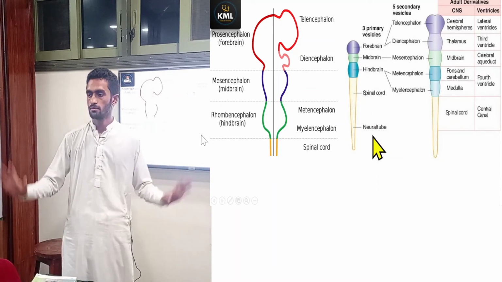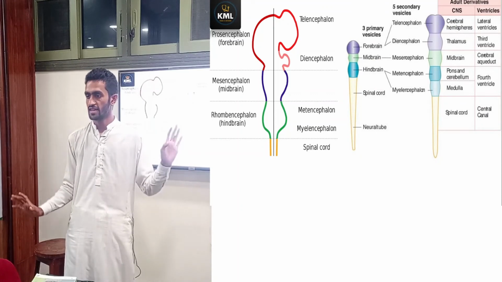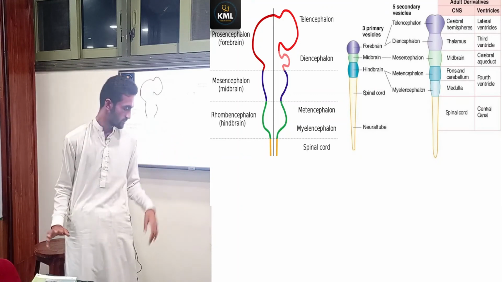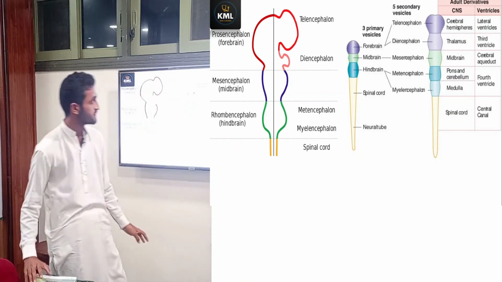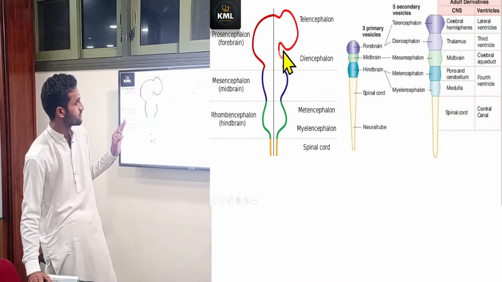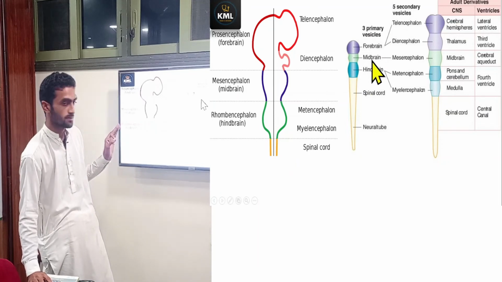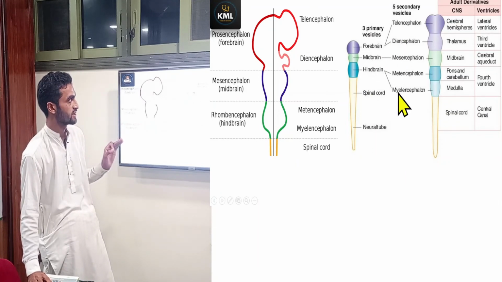You can see here the 3 primary vesicles, 5 secondary vesicles, and the spinal cord. In the Step 1 exam, their main concern is with the derivatives of these vesicles. So when you see these vesicles, some are primary and some are secondary.